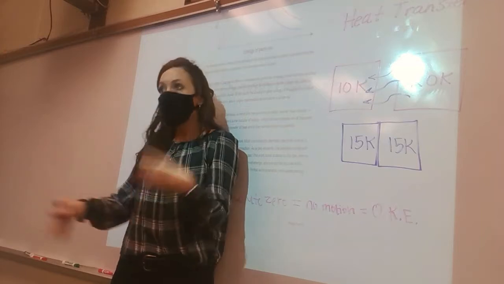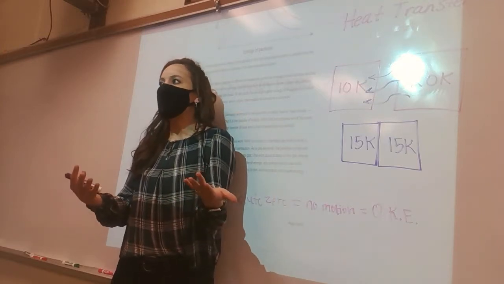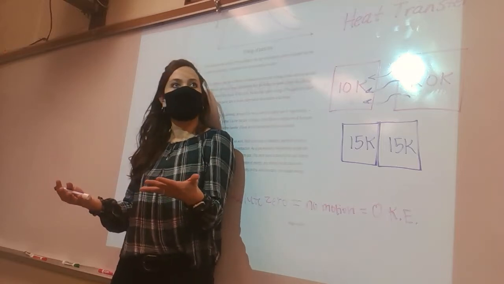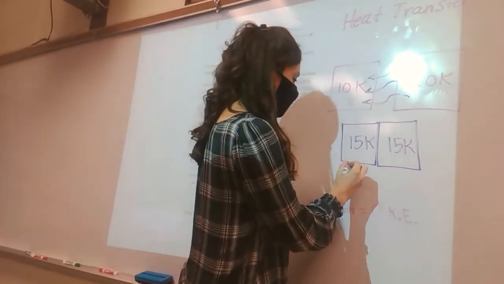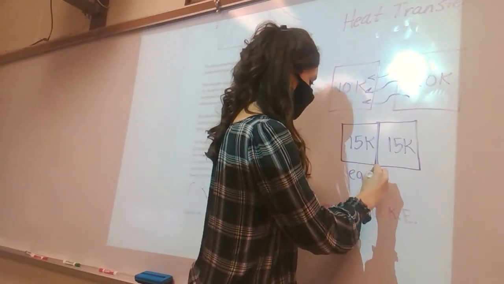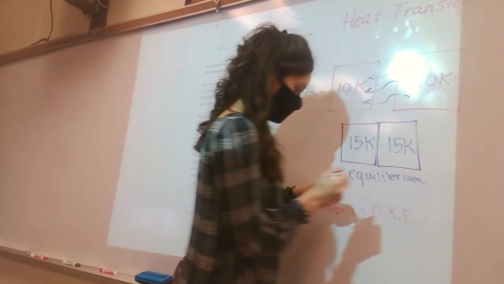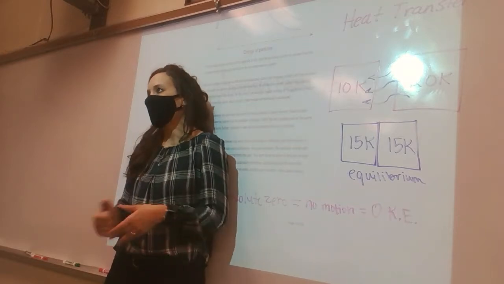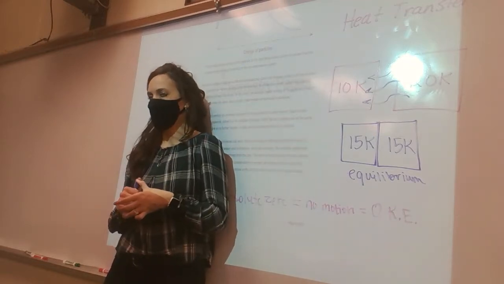And that happens over and over and over again until the collisions don't cause a change anymore. And then once the collisions don't cause a change anymore, we call that equilibrium. Where both blocks have the same average kinetic energy and therefore the same temperature, Kelvin.